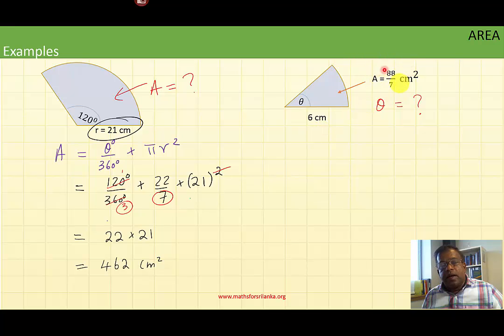In this example, in the sector, the angle at the center is theta and the radius is 6 centimeters, and the area is given as 88 over 7 square centimeters, and we want to find the angle at the center. So again, if we start with this formula, since we know the area and the radius, we can find theta.